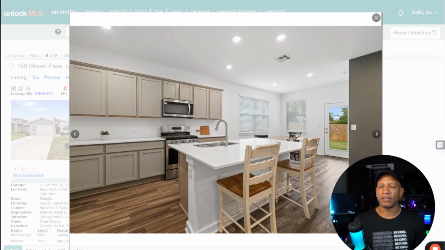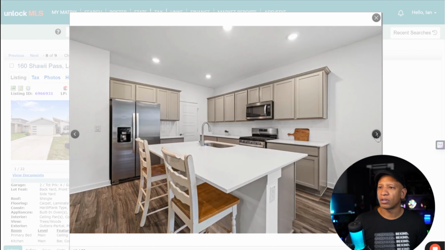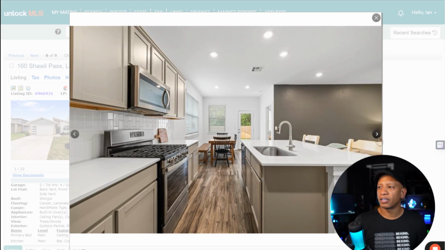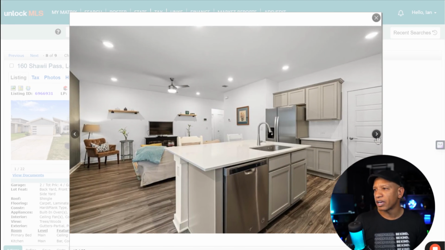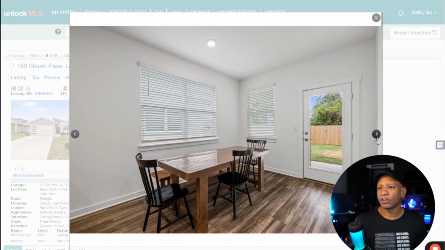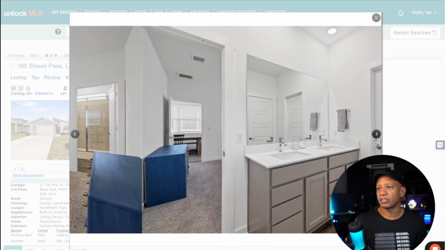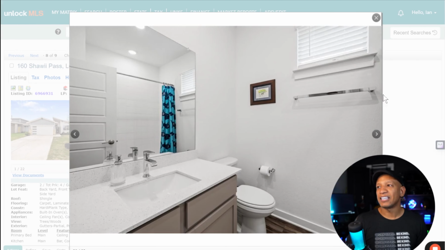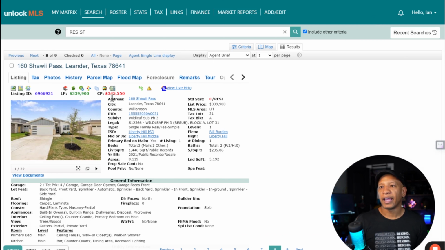Normally if you take a picture with your phone, the angles are off. People don't know how to take pictures. Angles are off, and then you can't actually see. This is usually whitewashed out. So this is really cool because they spent a good amount of money on a professional photographer, or they took the pictures and they know what they're doing. So all of that to say, you can see why this one was picked up and it actually closed for more. Very cool.